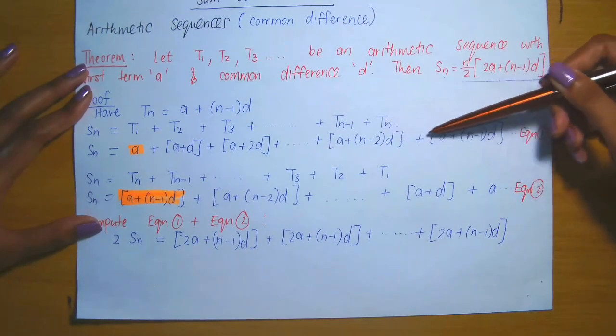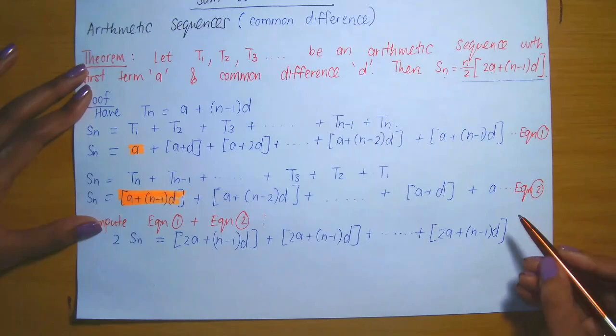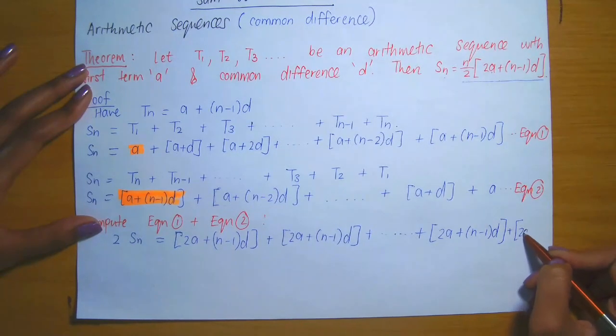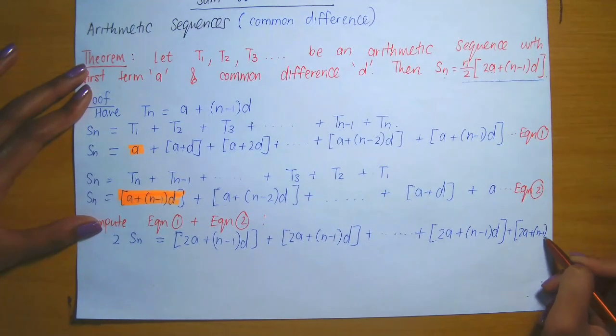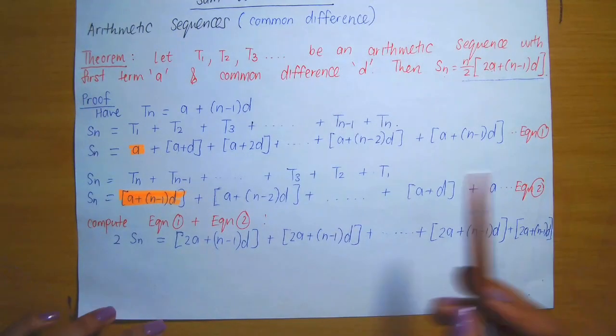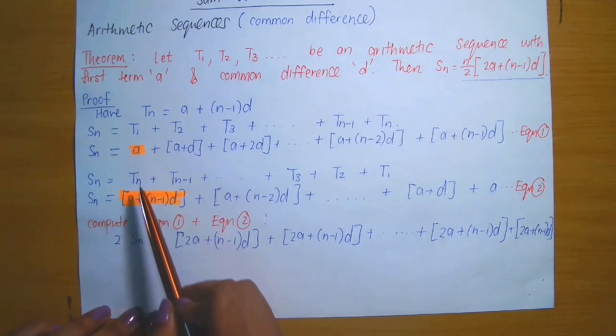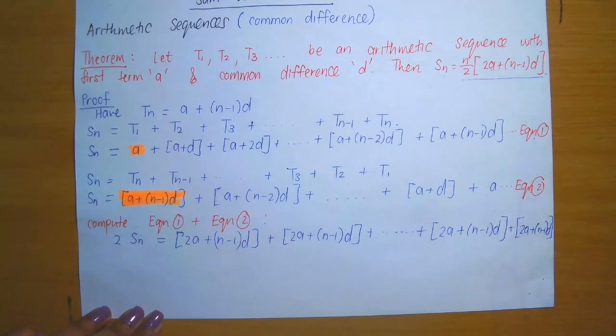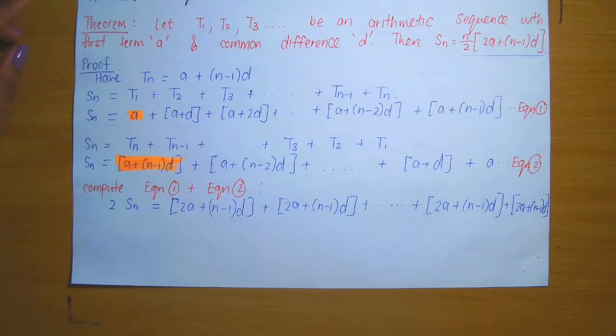When I add the last term in here to the last term in here, then once again I get 2a plus n minus 1 times d. So in this process of adding corresponding terms from the right-hand side of each of these equations together, observe that every time we added them, we got back the same term, 2a plus n minus 1 times d.